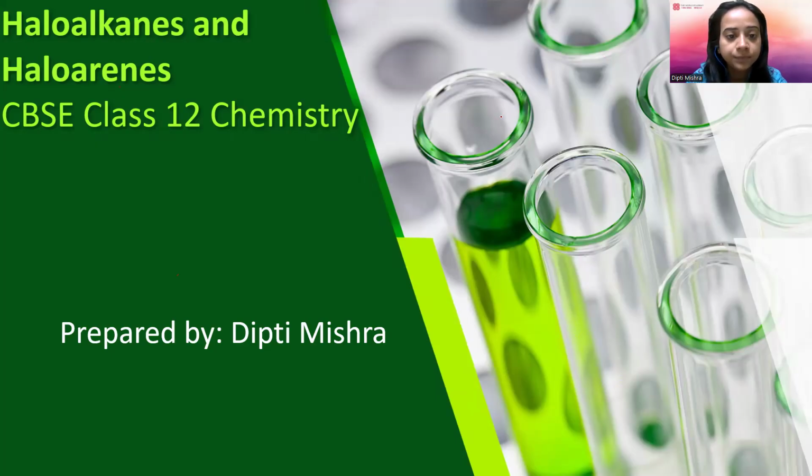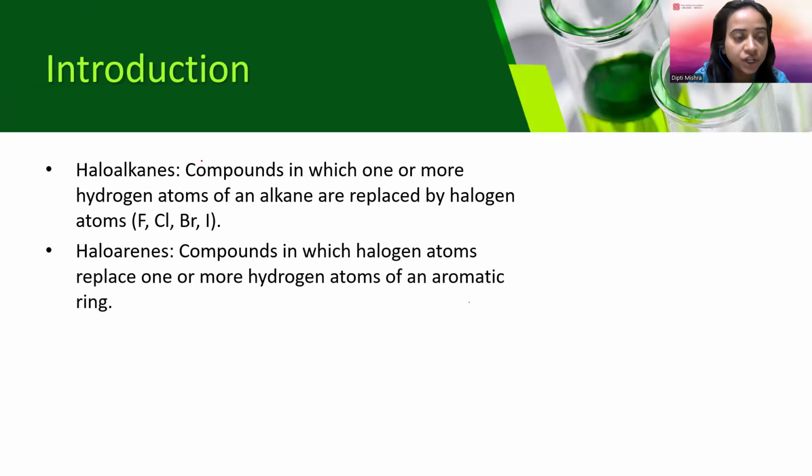We will see the introduction, that basically what are haloalkanes and haloarenes. Haloalkanes are those compounds in which one or more hydrogen atoms of an alkane chain are replaced by a halogen atom.